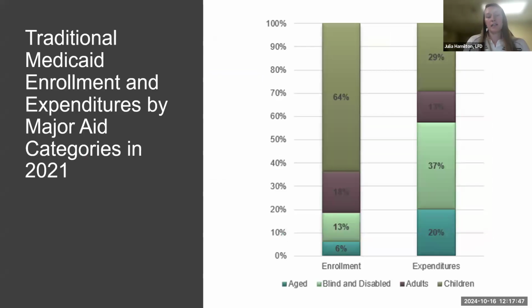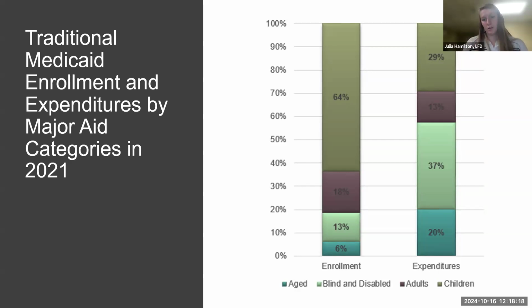And then finally, our last slide here pertaining to traditional Medicaid points out the general proportion of enrollment to expenditure by major aid categories. Now, this is a fiscal year 2021 graphic that was provided by DPHHS in the Medicaid in Montana report, but it is quite an instructive one to see what the proportion of populations are compared to the relative cost that they bring into the state program.